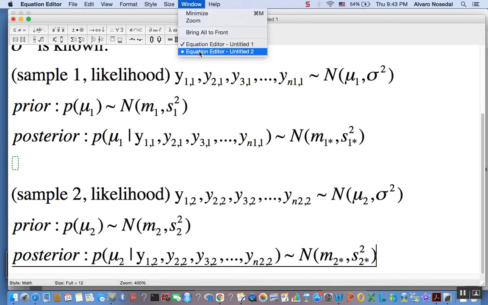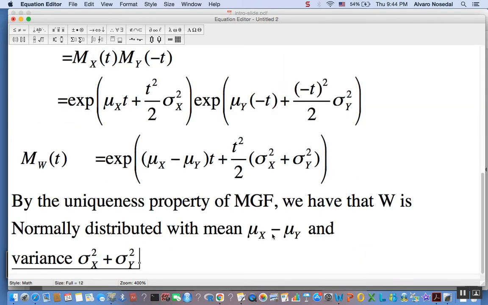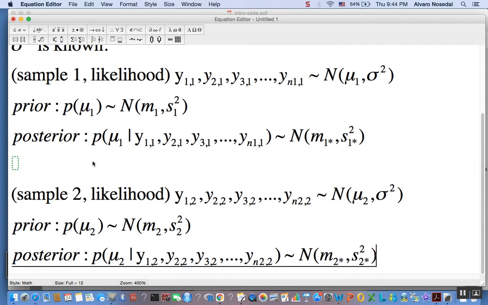We have two independent random variables with normal distributions, and we know the behavior of the difference between two independent normal random variables, thanks to what we did here. We know that this difference has a normal distribution, and we know its parameters.